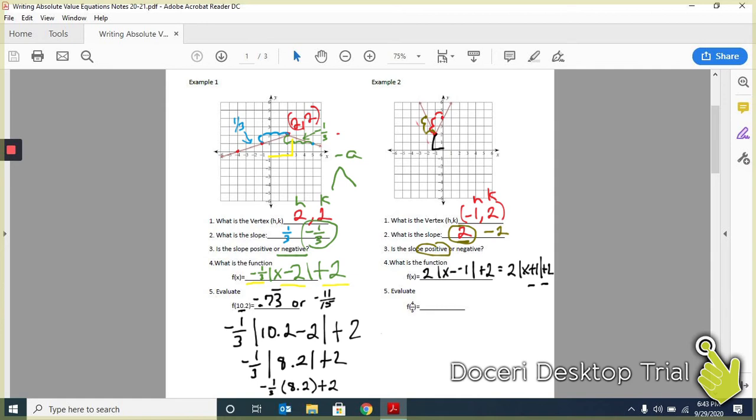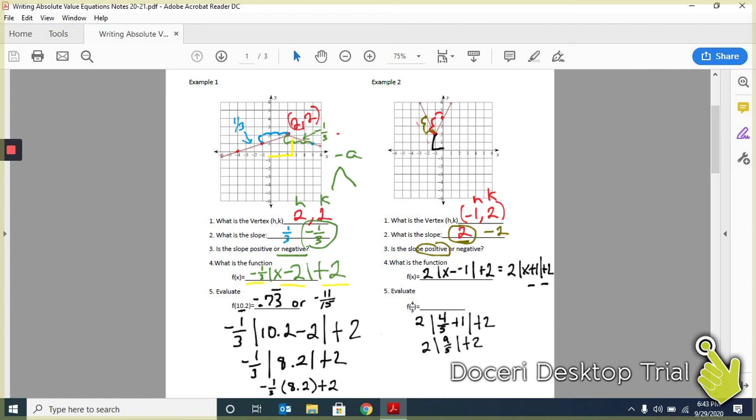Okay. So now if I want to evaluate 4/5, I take my equation, and I'm going to write this as small as I can. 2 times the absolute value of 4/5 plus 1 plus 2. And again, use your calculator on this if you're not too sure. And if you're doing this in fraction form, it's going to become 2 times the absolute value of 9/5 plus 2.